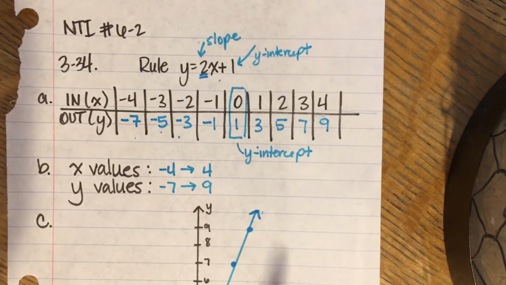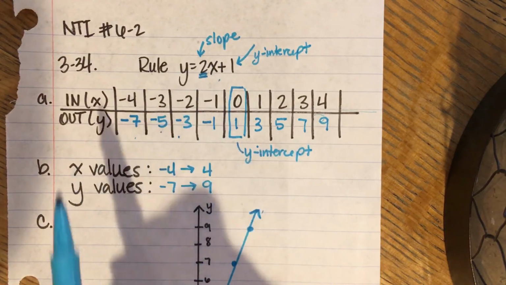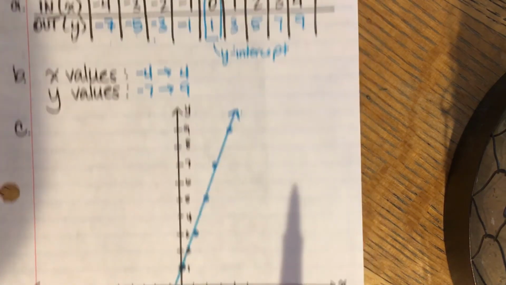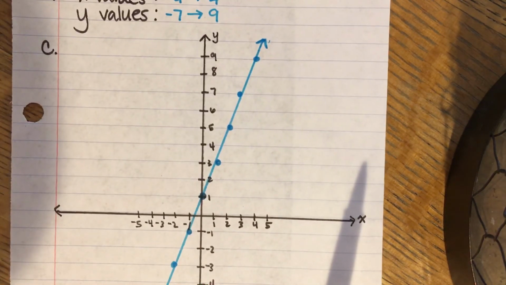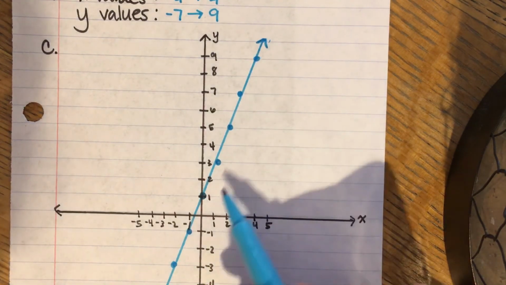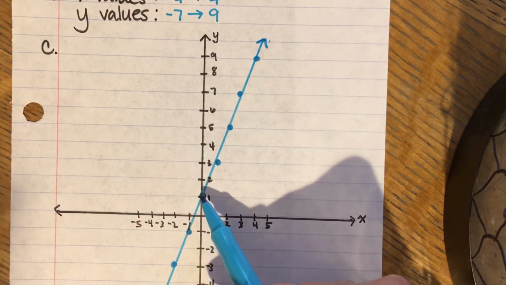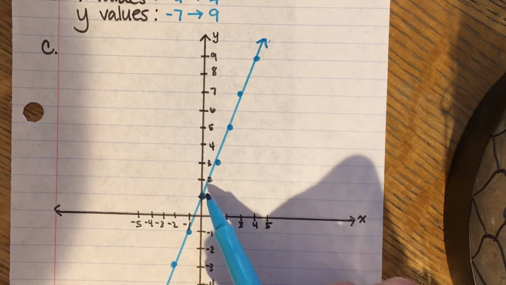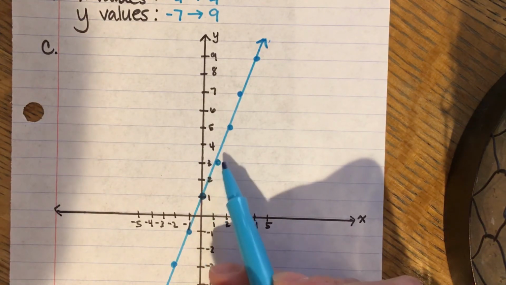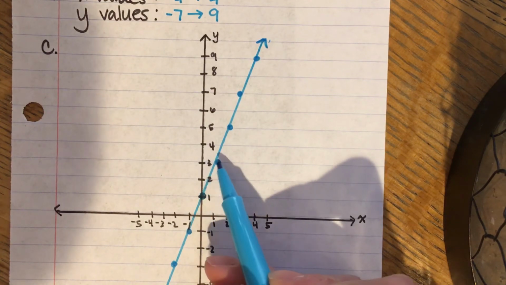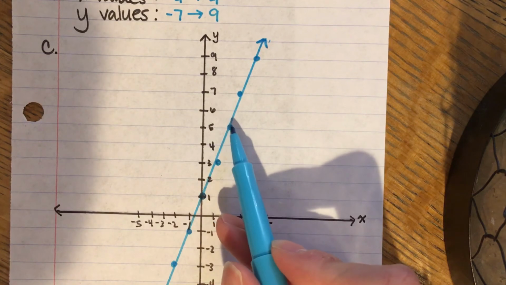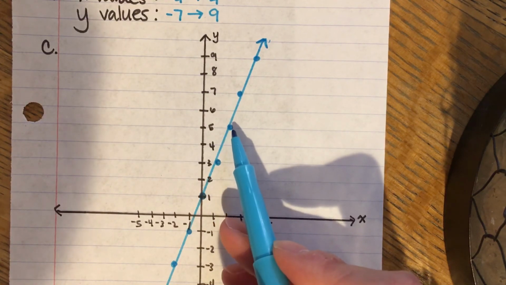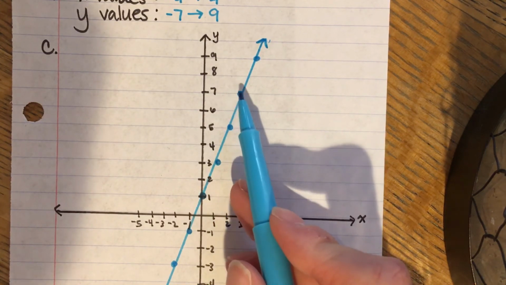Okay, and then this number here, which is the slope, 2, tells me the difference in between each point. So if you go from, let's just start from the y-intercept. So if I start here, notice that my next point is 2 away. So I'm going to go up 1, 2. There's my next point. From here, I'm going to go up 1, 2. There's my next point. From here, I'm going to go up 1, 2, and over. There's my next point.